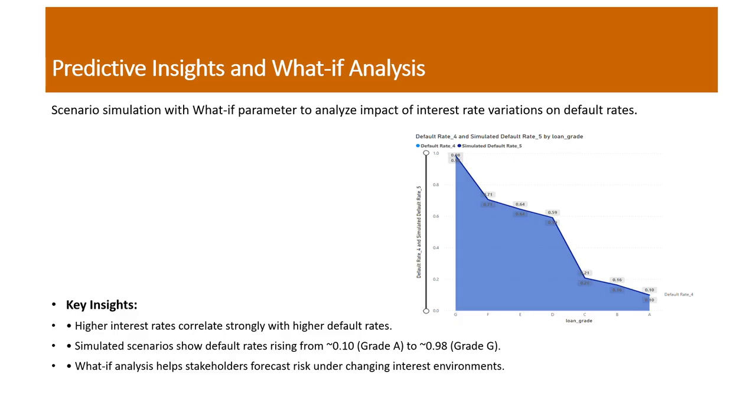The highest interest rate correlates with the highest default rate. Simulated sequence shows default rate ranging from 0.10 for grade A to 0.98 for grade G.